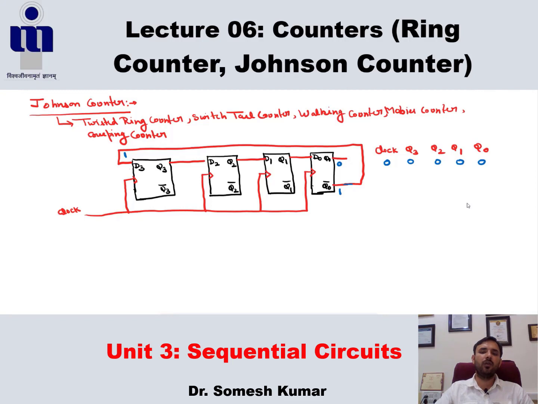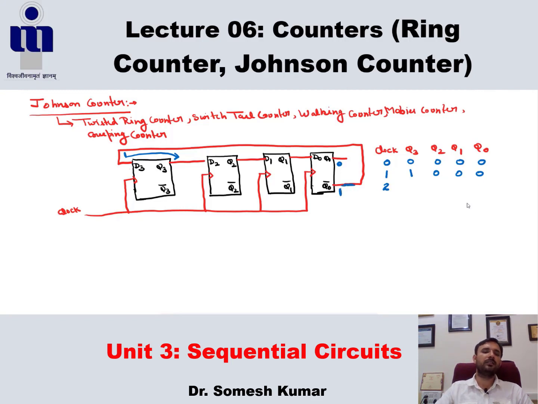So in the next clock, what happens? This D3 is propagated to this Q3. Now this Q3 becomes 1 and the others remain 0. In the second clock, again, Q0 remains 0 and Q0 bar remains 1.